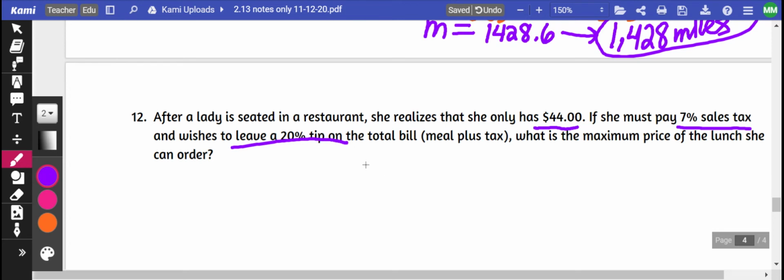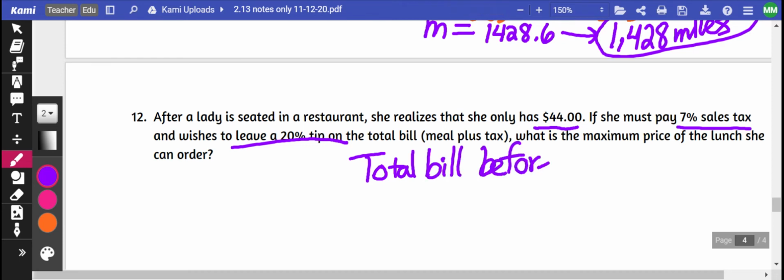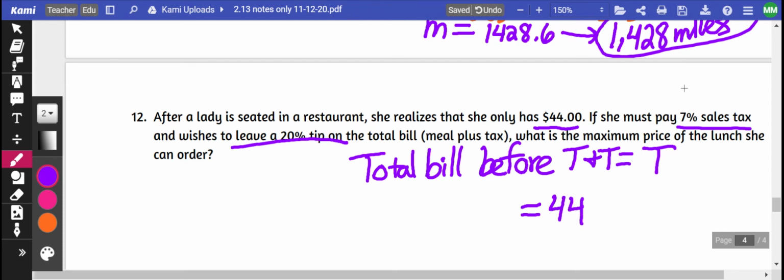So we're going to say the total bill before, I'll say T&T, before tax and tip. And we'll have our variable be T. Okay, with this one, we know that everything will end up equaling $44. 7% tax is an increase, so we're going to have 1.07. 20% tip would be 1.20.